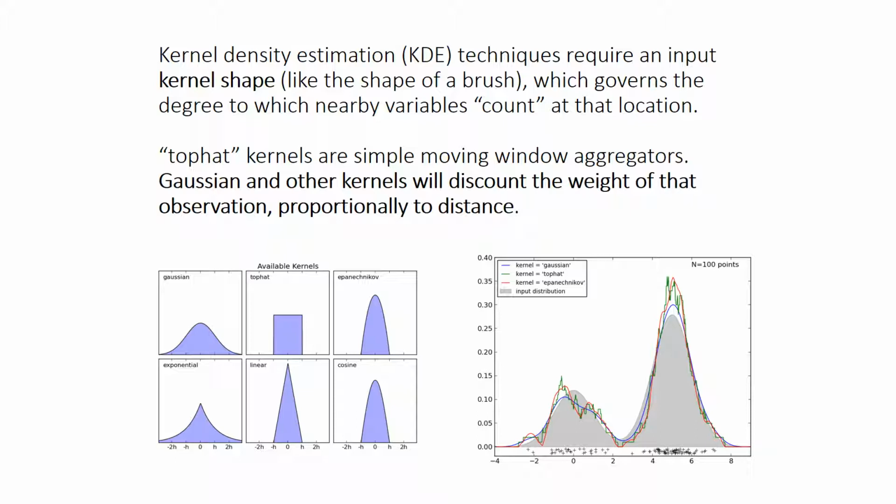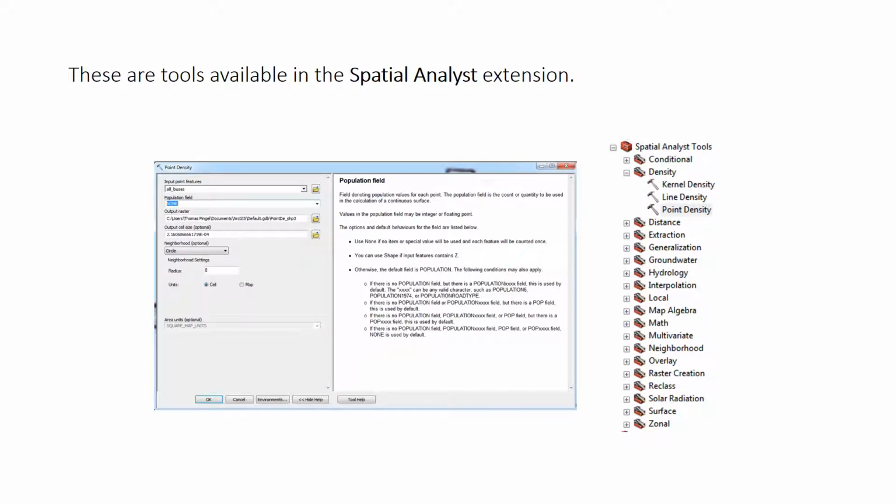And I like to think of these things as paintbrushes. So if you've ever played around in Photoshop or anything like that, you can define the kind of paintbrush that you're using, and the kernels that you're seeing here are a lot like that. It's really a shape or a brush, and that's going to determine how nearby observations are weighted.